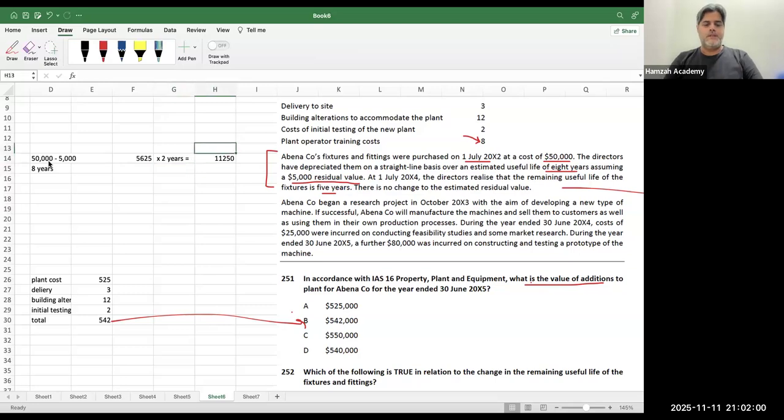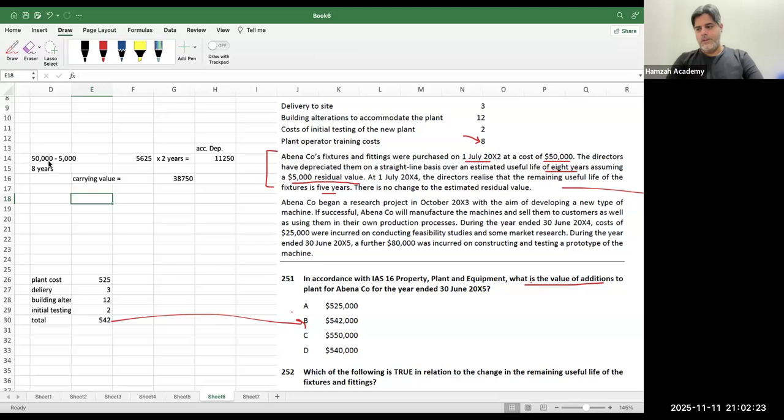This is accumulated depreciation. So carrying value is 38,750. Now, the directors believed that from this day onwards, the life was 5 years.